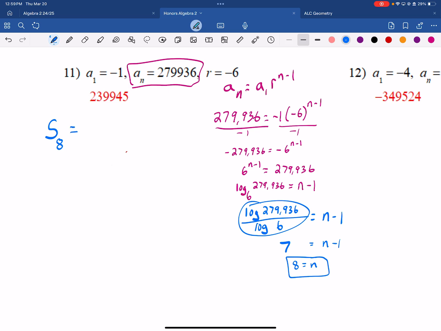So now that's going to equal our first term, which is -1 times 1 minus the ratio. So 1 minus -6 to the 8th, all divided by 1 minus -6.